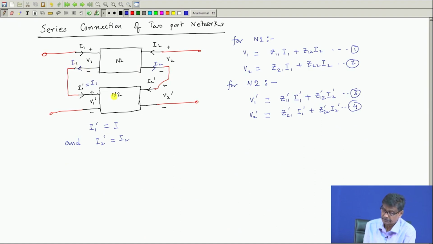So, these two currents must be same. If that be the case, then V 1 dashed is equal to this, 3 and 4. I am rewriting after knowing this.